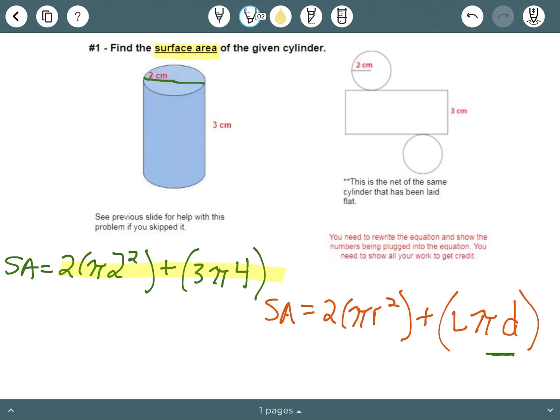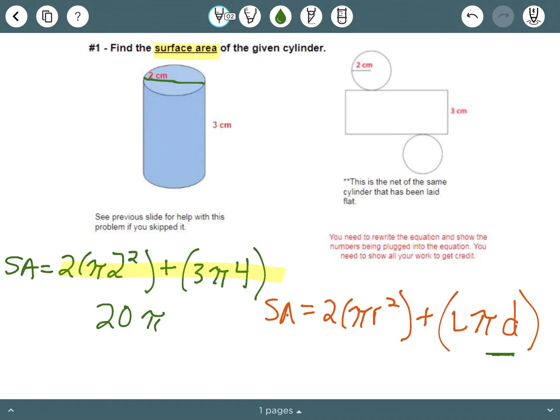Then we do 2 squared, and our parentheses, plus parenthesis 3 pi and 4, and parenthesis. When you put that into the calculator, you are going to get 20 pi.